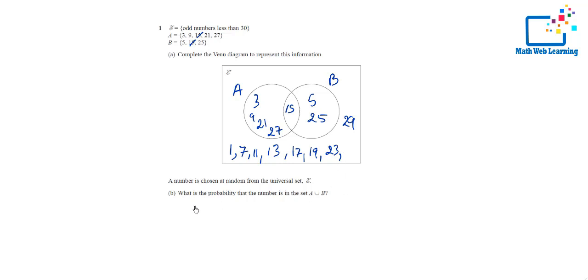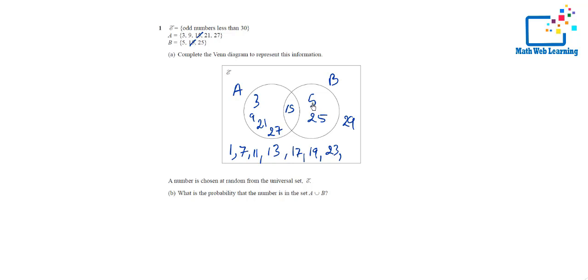Alright, good. Part B is: what is the probability that the number taken at random from the universal set will be a number from this set here, A union B, all this there.